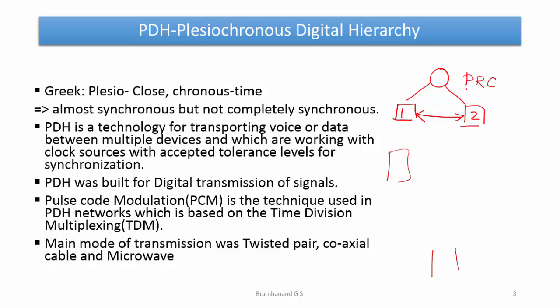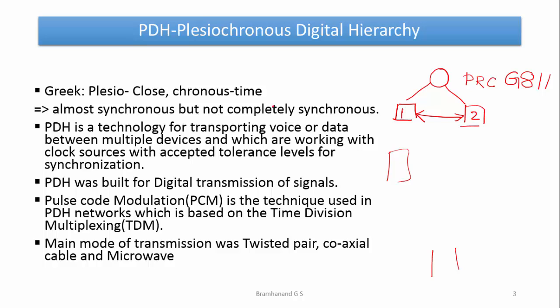Primary reference clock is a precision clock whose specifications are described in ITU-T G.811. If you are interested in knowing the complete details of the PRC, you can refer to this particular standard. So PDH is almost synchronous but not completely synchronous.